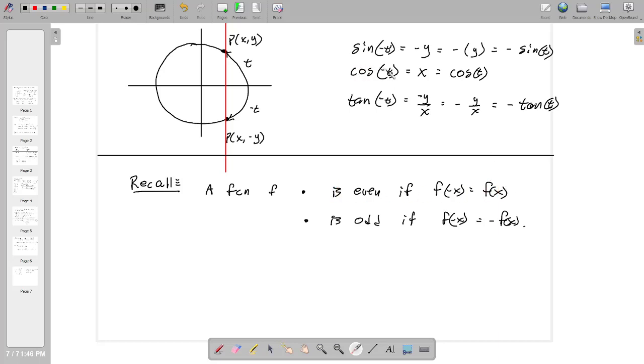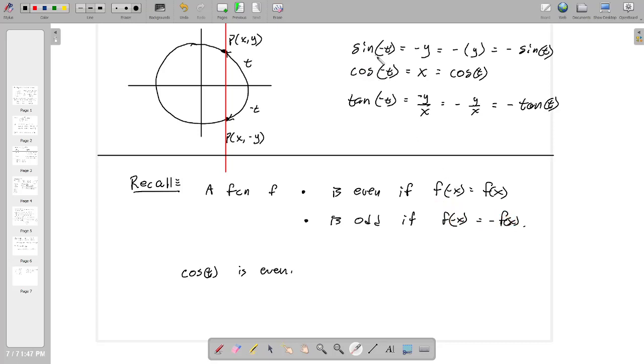We have a cosine of negative t, so we're inputting a negative value, and we get the same thing as cosine of positive t. So that negative is just getting absorbed into the function. So we can say that cosine is even. A function is odd if f of negative x is equal to negative f of x, meaning that we can sort of pull this function out of the input value and put it on the output value.